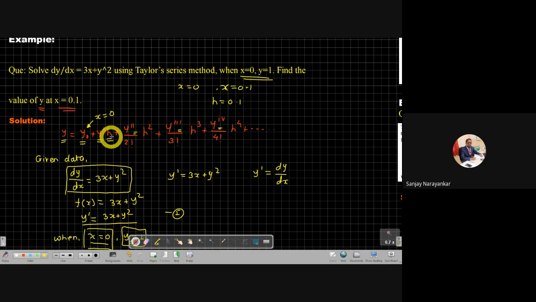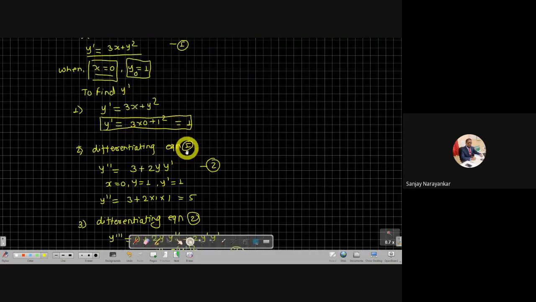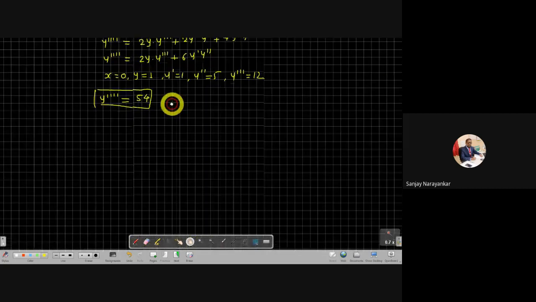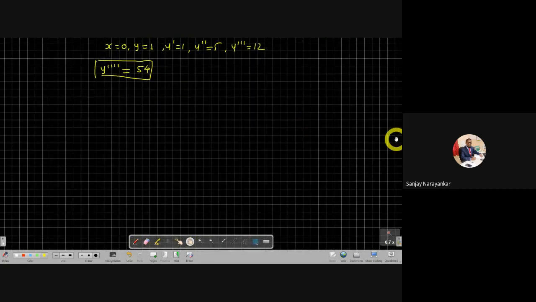And also we got h value, right? So let us substitute all these values in this series and let us find y at x is equal to 0.1. Since it's a one-step method only, right? Okay, rewrite the formula.